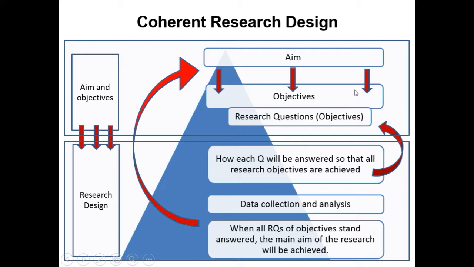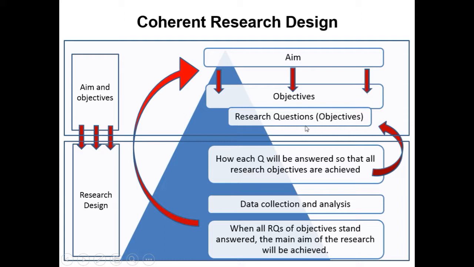those objectives. So it will be helpful if you develop research questions which are closely aligned with these objectives. So if you answer this research question, you achieve this objective. If you answer the other research question, you achieve the second objective and then the third.